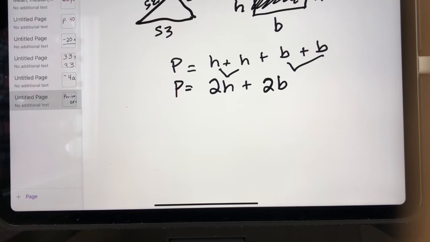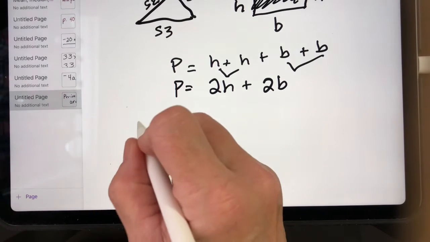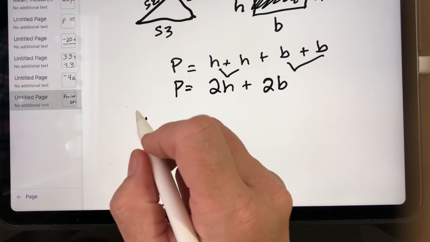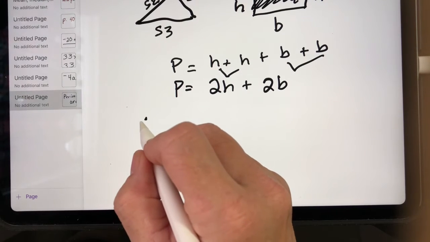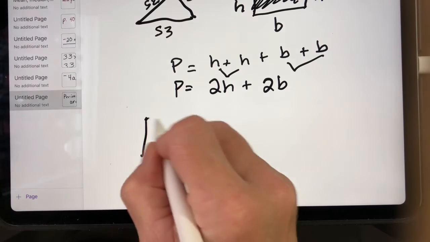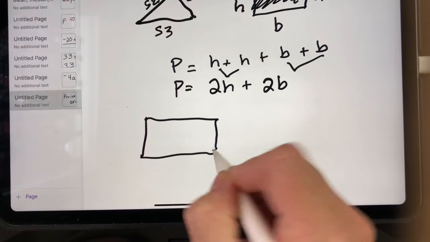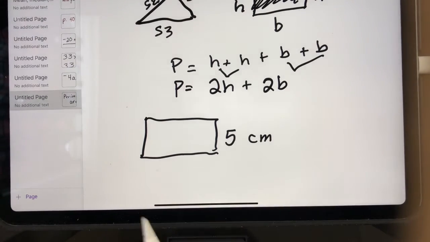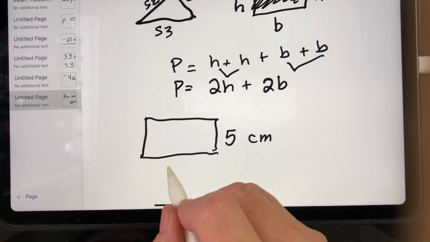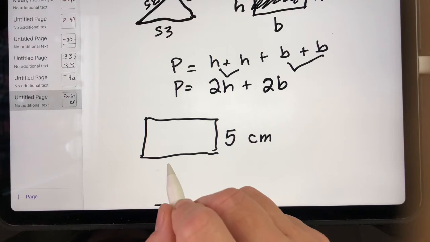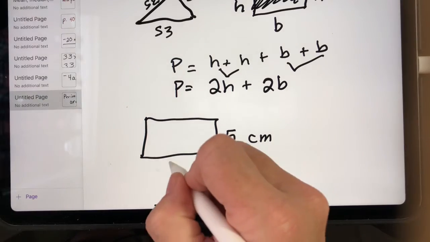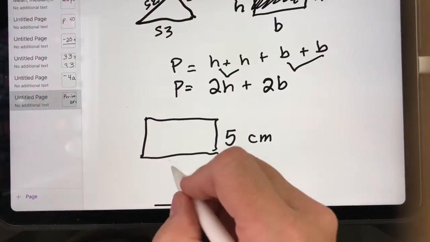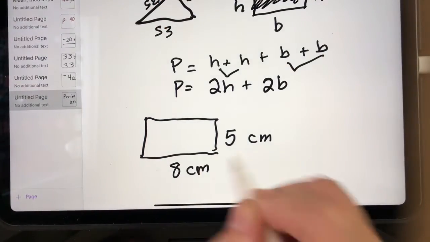So let's say I had something that is 5 centimeters, and this distance is 8 centimeters. How would I write that?